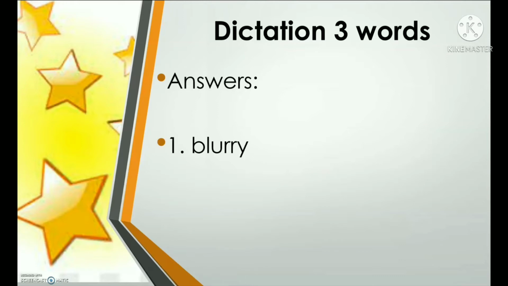Number 1. Let's read and spell together. Blurry. B-L-U-R-R-Y. Blurry. Number 2. Magnifier. M-A-G-N-I-F-I-E-R.